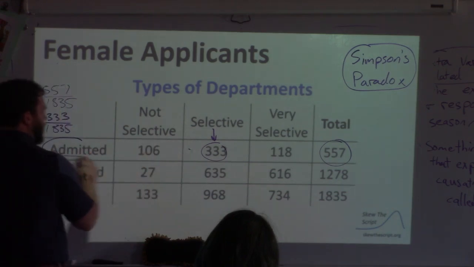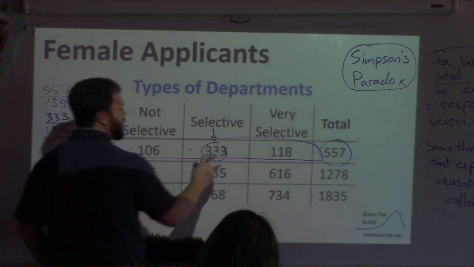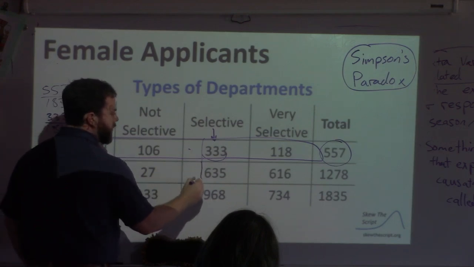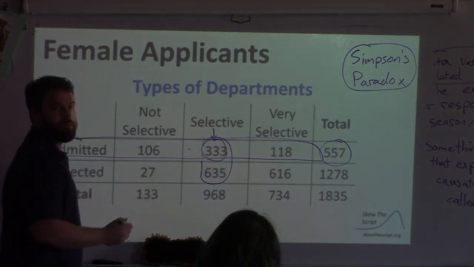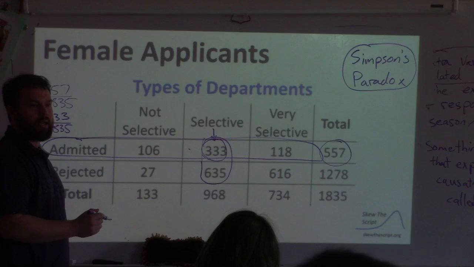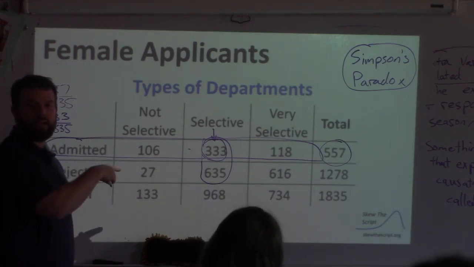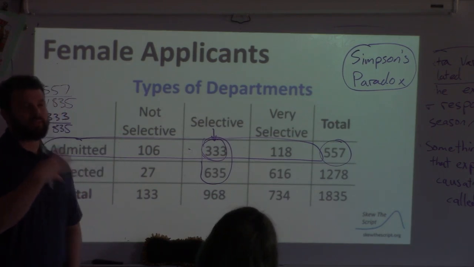Here's all of my admitted, and here is all of my selective, and this is where they join together. It looks like a bottle cap. See how that's where they join together? So I'm going to call that joint probabilities or joint relative frequencies.